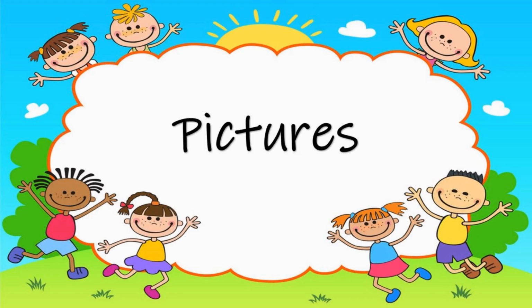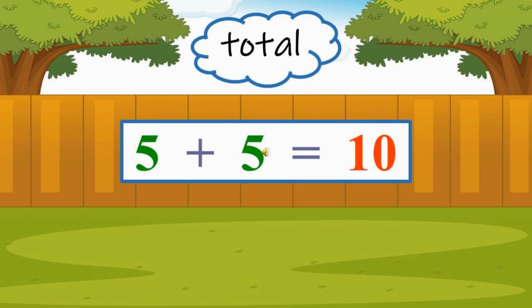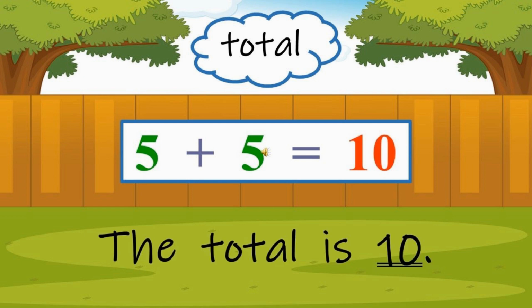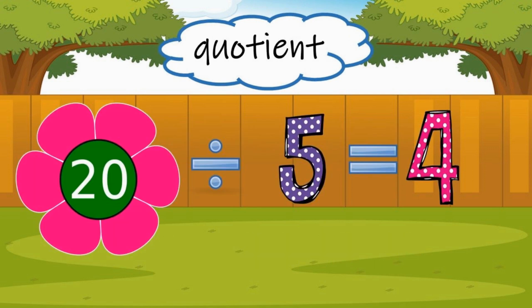Now I'm gonna show you some pictures to help you better understand each word. A total is the whole amount when we add two numbers. For example, 5 plus 5 equals 10. The total is 10. A quotient is a result we get when we divide one number by another.